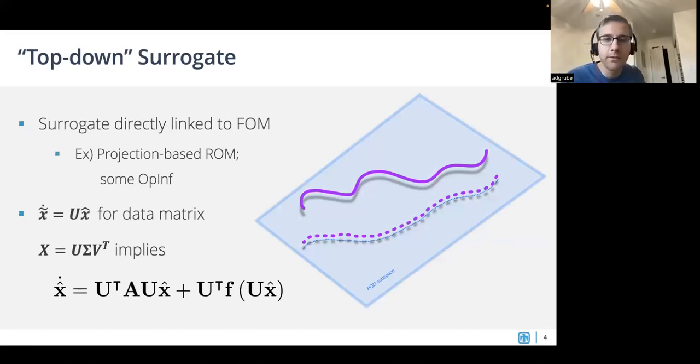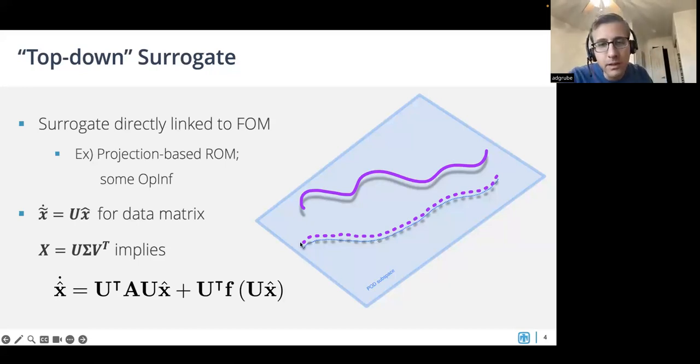If I concatenate a bunch of these trajectories and take an SVD, what I get is a variance maximizing subspace, which is spanned by the columns of the U matrix. That gives me my POD subspace, where most of the variance in my dynamics is taking place, at least that's what I hope.